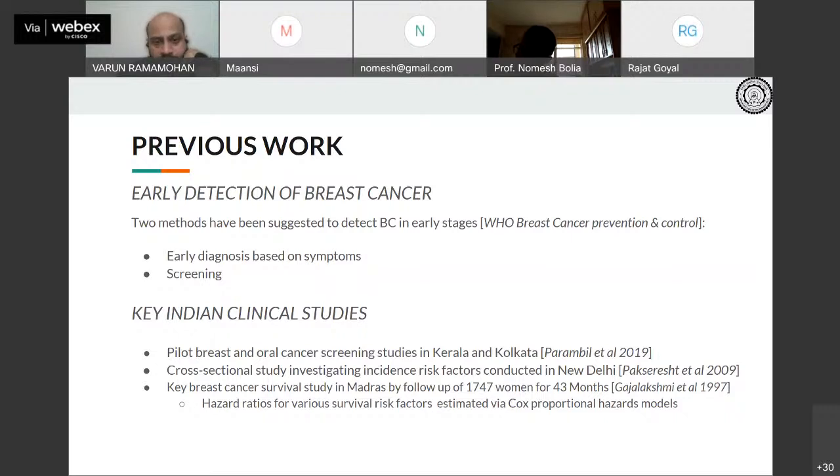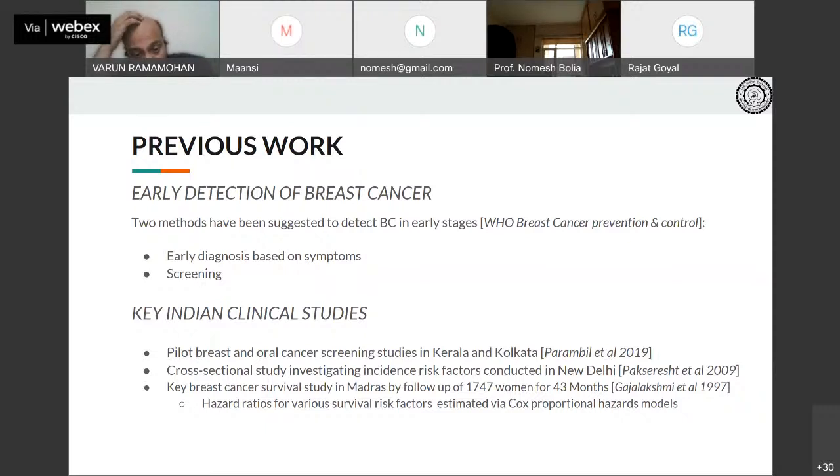So this is a common operations research application, right? For cancers in general, this has been done for colorectal cancer, breast cancer, lung cancer, a lot of different things, especially in the Western and the OECD country context. But in the Indian context, very few studies of this type exist.